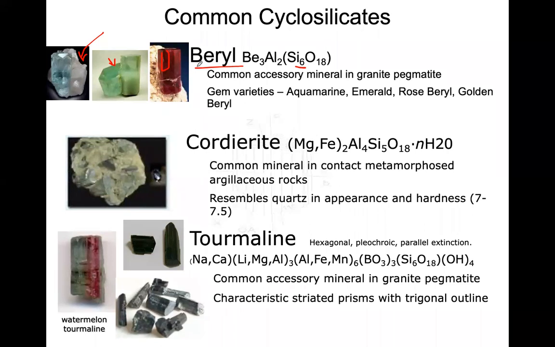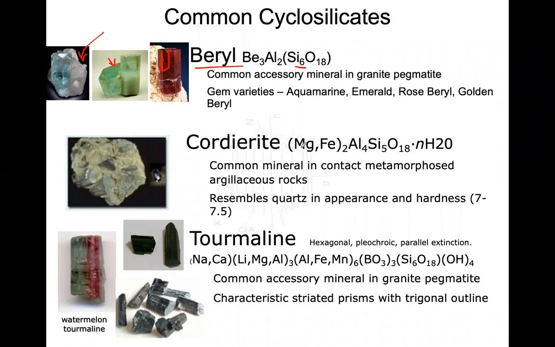Accessories means the minerals which are found in very low quantities, low abundances, and which are not essential to form a rock, right? In a formed rock, you can find that, but to form a rock, you don't need that particular mineral. But for rock forming minerals, depending on the protolith, meaning the parent materials which contributed to form the rock, you must have different types of rock forming minerals, right?